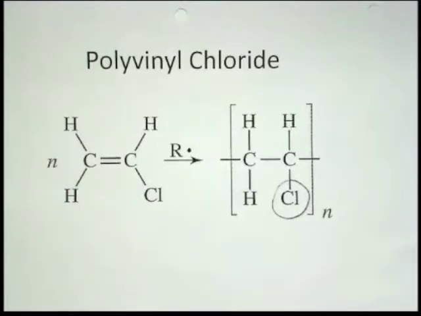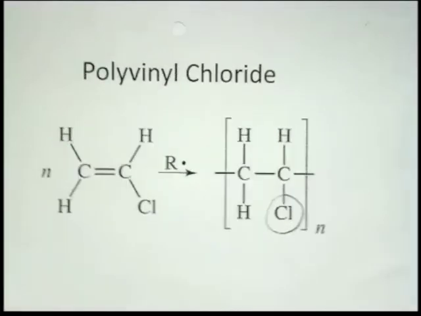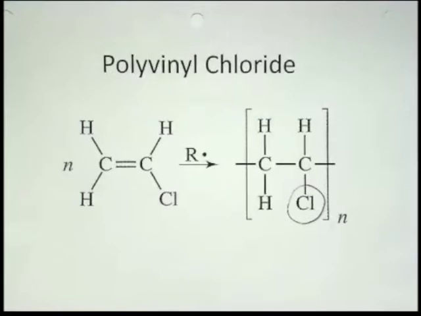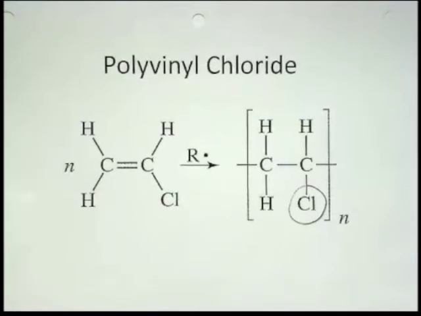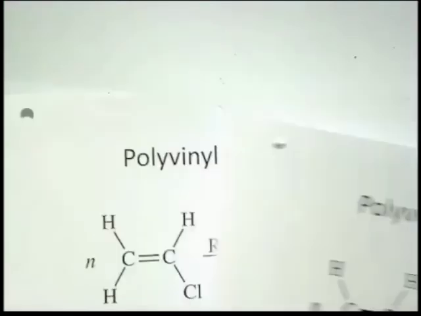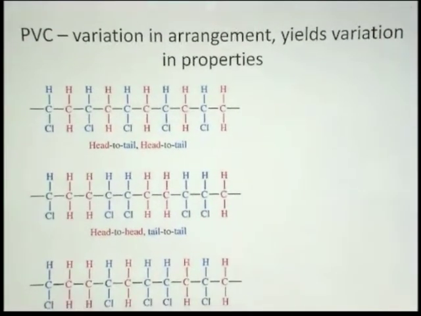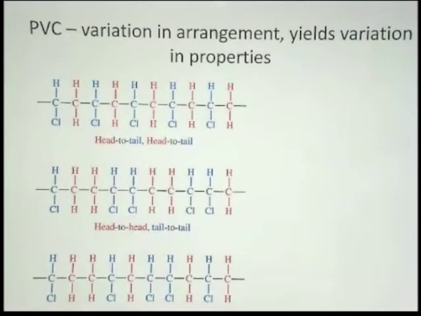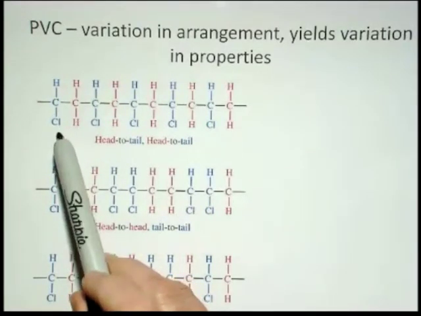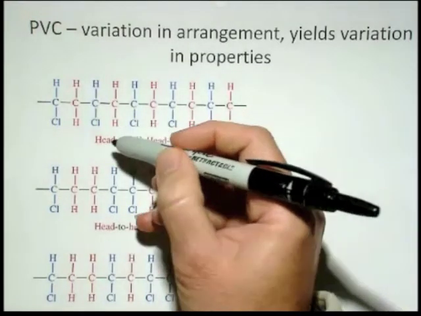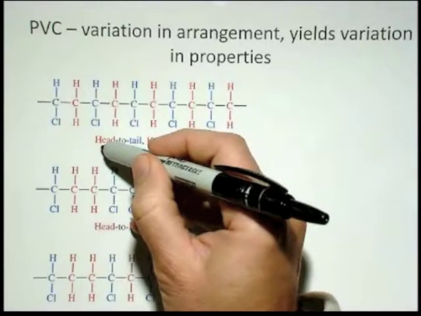Now, when you make polyvinyl chloride, just like with the polyethylene, you can get different applications depending on if there's branching or not. The same thing is true with polyvinyl chloride, but the main difference in the different polymers is the arrangement of the individual vinyl chloride molecules. The most common arrangement is what's called head to tail, and what they're referring to is the location of the chlorine atom.